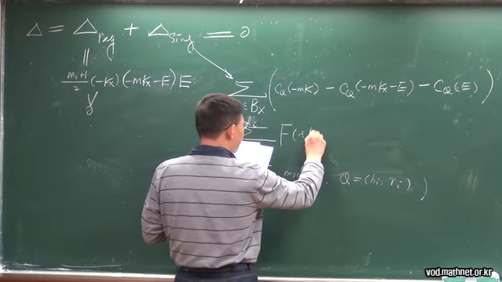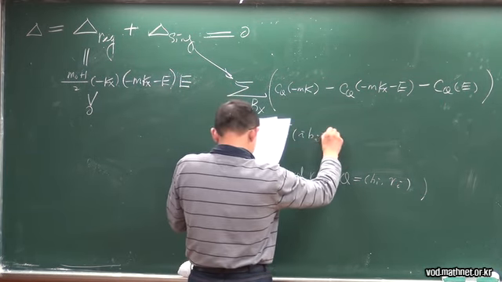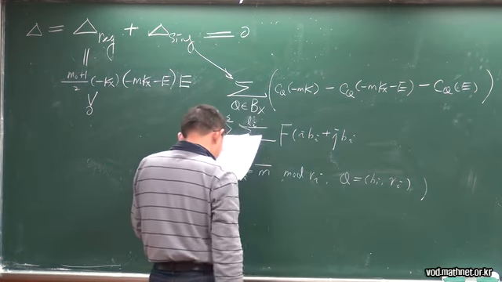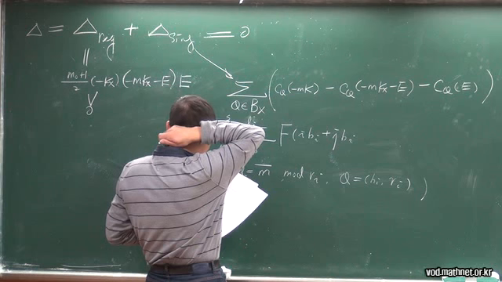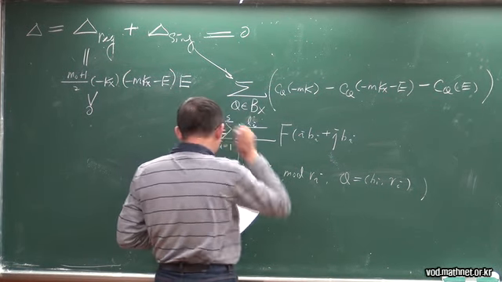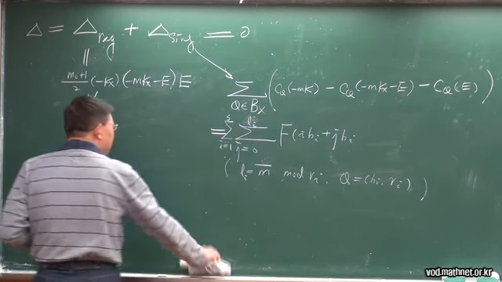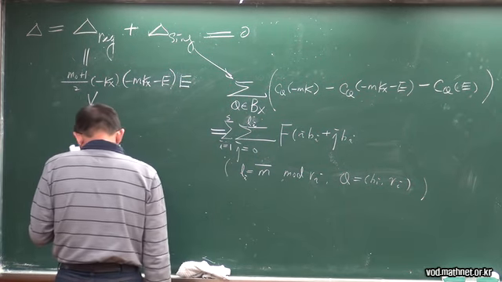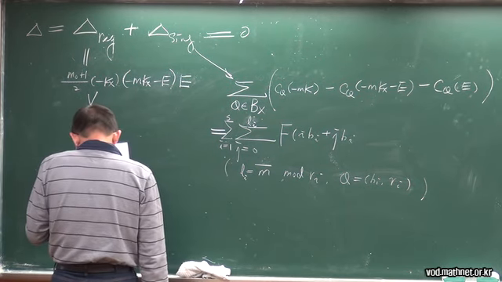So this is i B_i plus j B_i. There is some conflict here. What is i?